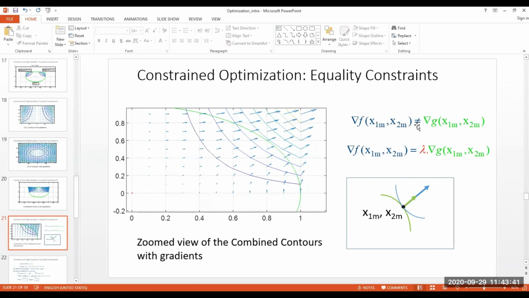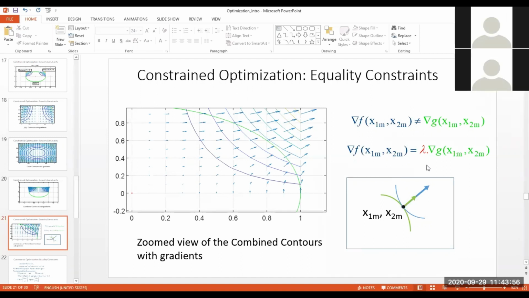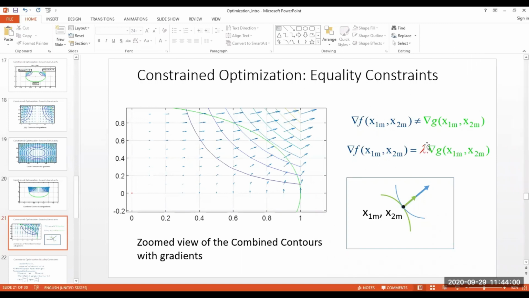That is not impossible, but in general, because their expressions are different for del f and del g, most likely they will have different gradient values. So to represent their linear dependency, we simply multiply by a lambda, which was identified by the mathematician Lagrange.